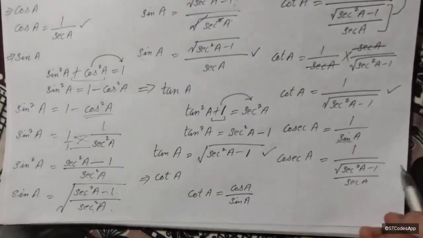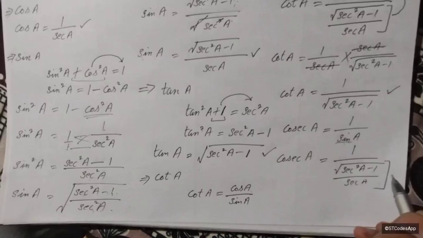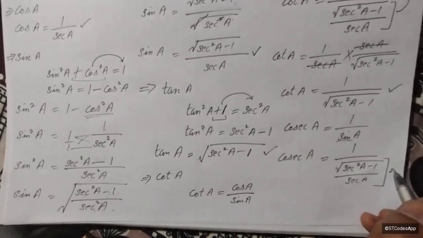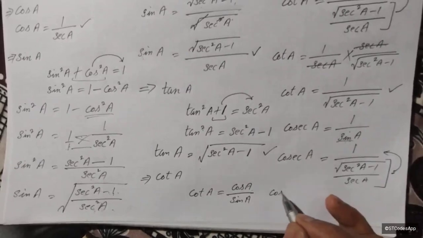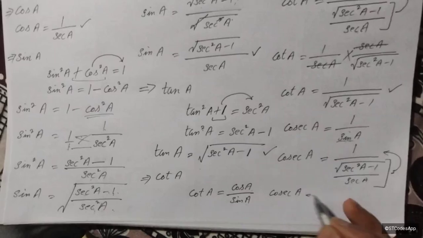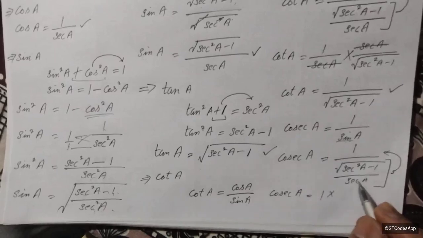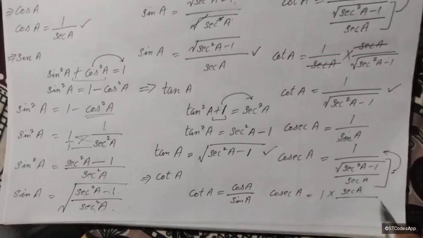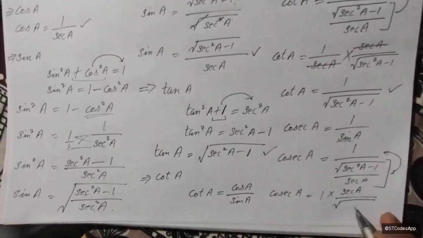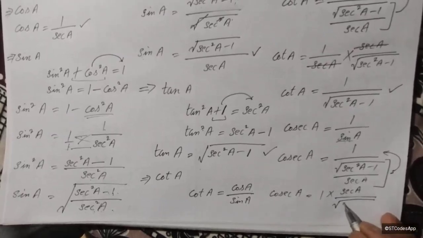So now we are going to put this part in front of 1. What will happen? Cosec A is equal to 1 multiplied by secant, which will go upside, and under root sec will come downside. So secant A divided by under root secant square A minus 1.